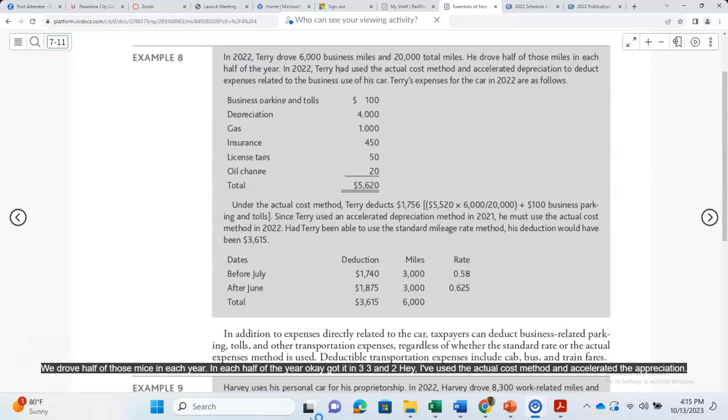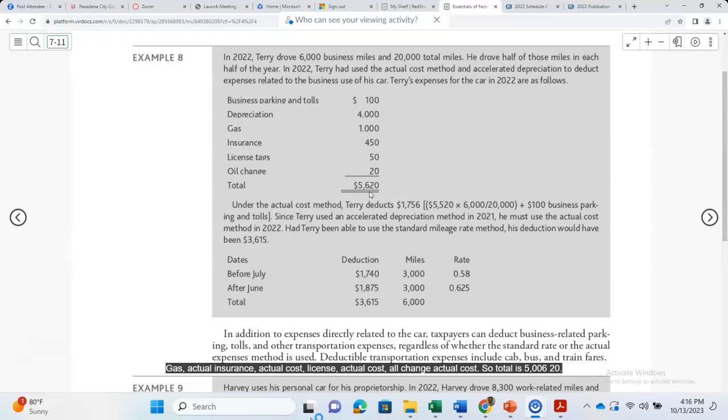In 2022, Terry used the actual cost method and accelerated depreciation to deduct expenses related to business use of his car. Terry's expenses for the car in 2022 are business parking and tolls, and depreciation. You see, Terry is capitalizing the truck and recognizing depreciation of $4,000. Gas, actual; insurance, actual cost; license, actual cost; oil change, actual cost.